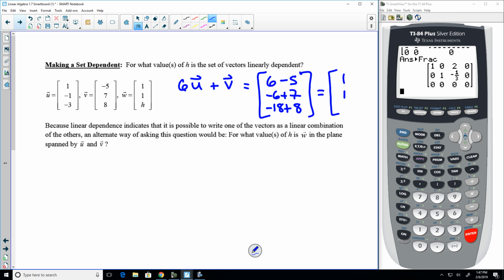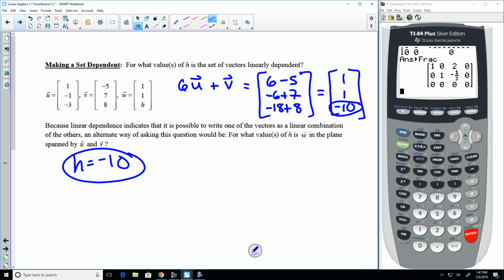That gives 1, 1, negative 10. So that matches w here and here. So what does h have to be in order for it to work? Negative 10. So you figured it out. Good job. So h has to be negative 10.